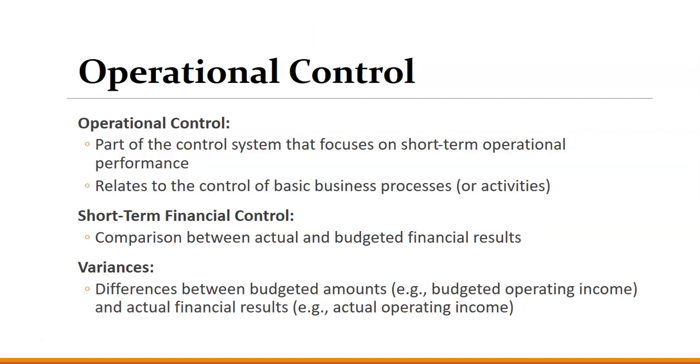When we're looking at control, we're looking at short-term operational performance. What was our comparison between our actual and budgeted financial results? We're going to look at different variances between our budgeted amounts and our actual results.